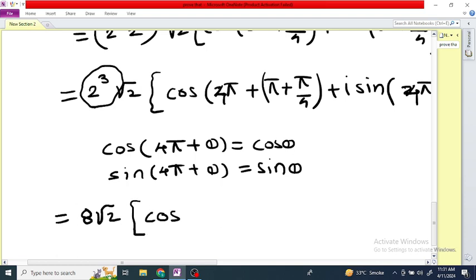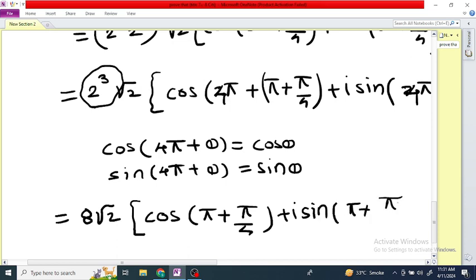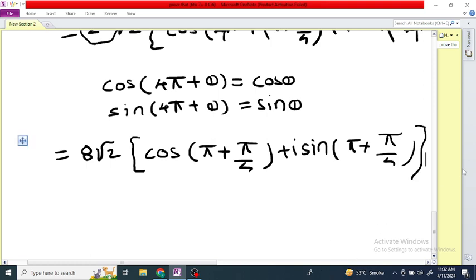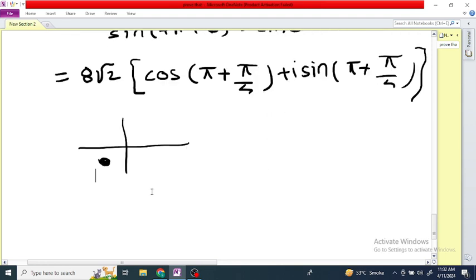This is equal to cos of pi plus pi by 4 plus i times sin of pi plus pi by 4. Now again, what is cos of pi plus theta? The angle pi plus pi by 4 lies in the third quadrant, and in the third quadrant tan and cot are positive, only positive.